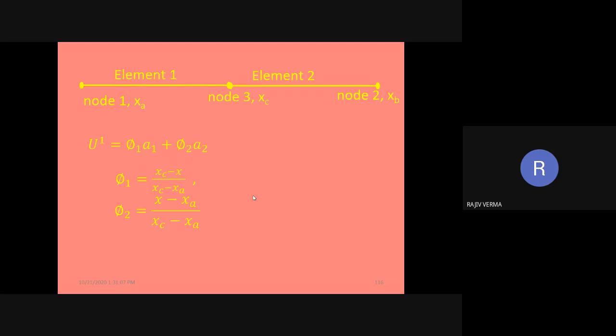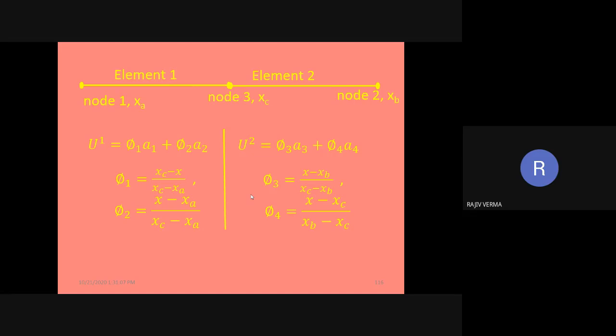Both φ1 and φ2 happen to be linear expressions, and for the first element a1 and a2 are the two unknowns. Similarly, for element number 2, we have another trial function, u2 is equal to a3φ3 plus a4φ4, where a3 and a4 are the two unknown parameters, and the expressions for φ3 and φ4 are on display now, which are in terms of xb and xc.